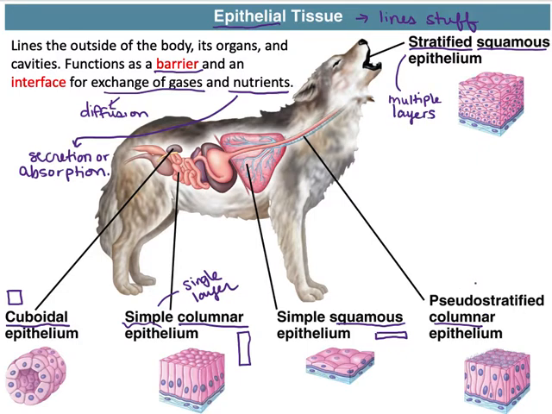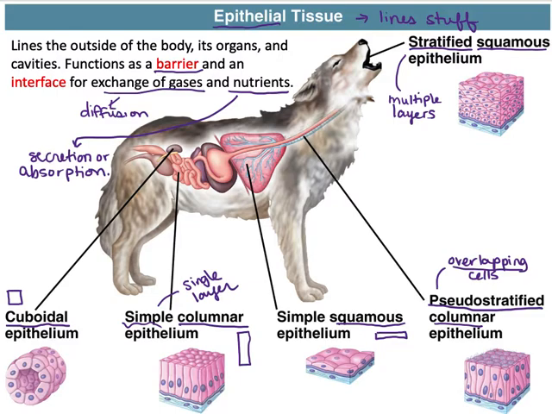And then pseudo-stratified means we sort of have layers, but we could say overlapping cells. So if you look closely at the picture, there is one cell attached to the basement membrane and one nucleus as you go up, but some of the cells will overlap some of the other cells, creating the artificial appearance of layers.